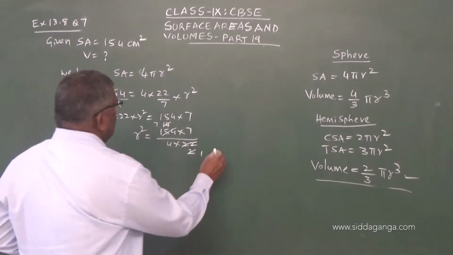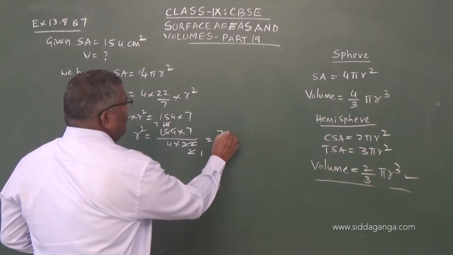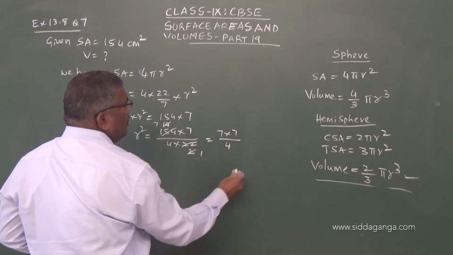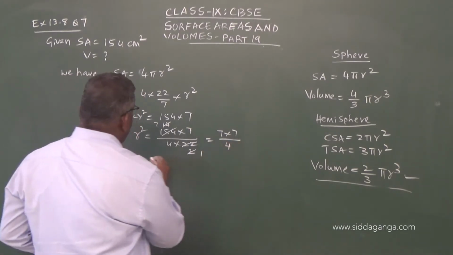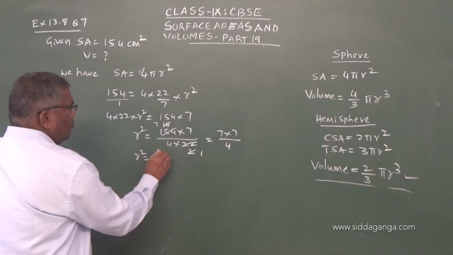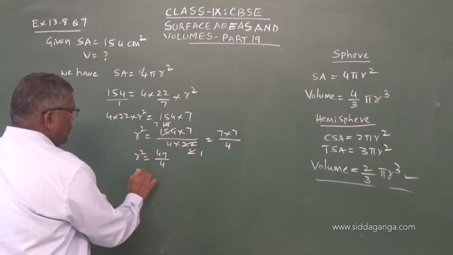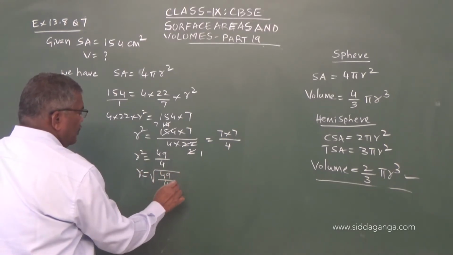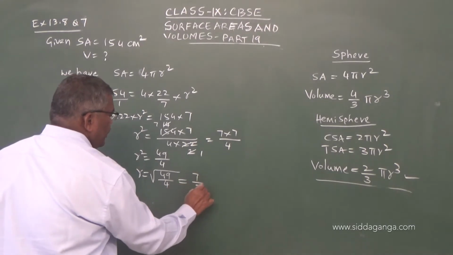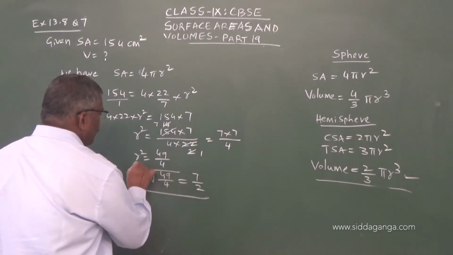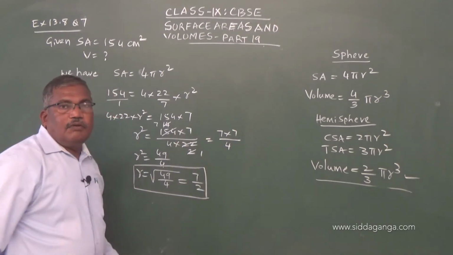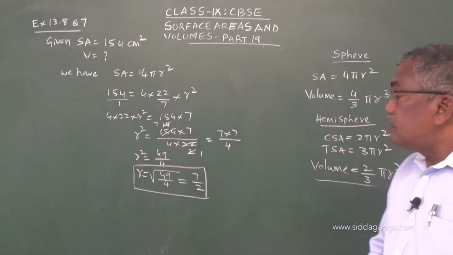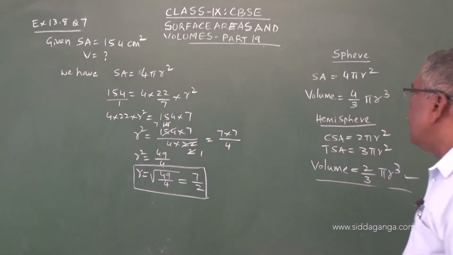You will get 7 into 7 by 4, or r square is equal to 49 by 4, or r is equal to root of 49 by 4, that is equal to 7 by 2. R is equal to 7 by 2. So the radius is known, and we have to find the volume now.